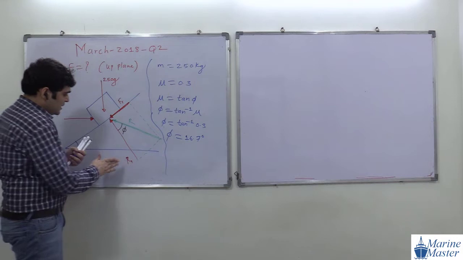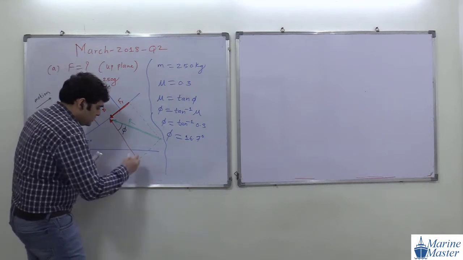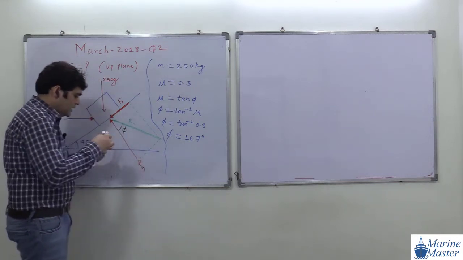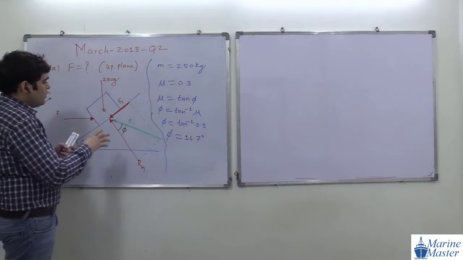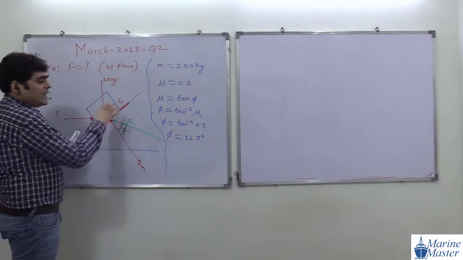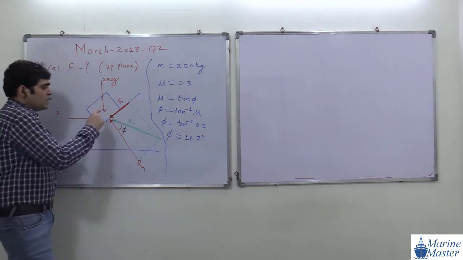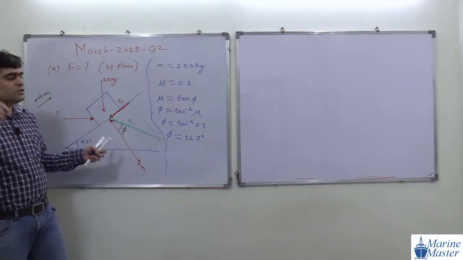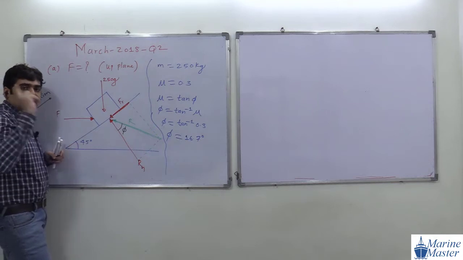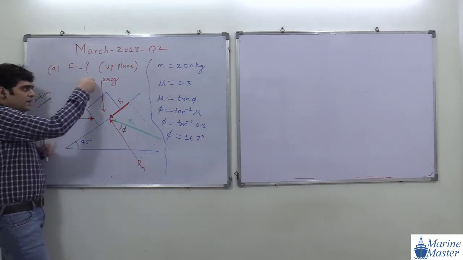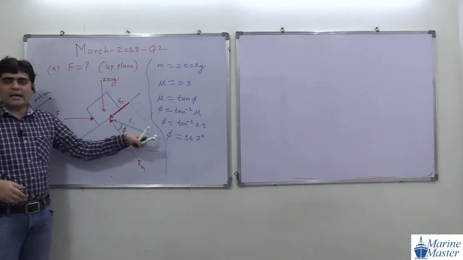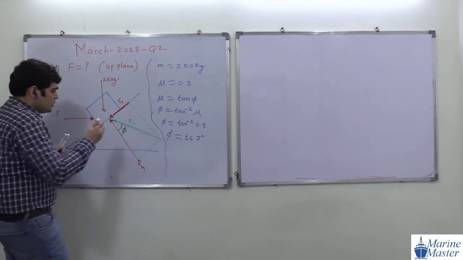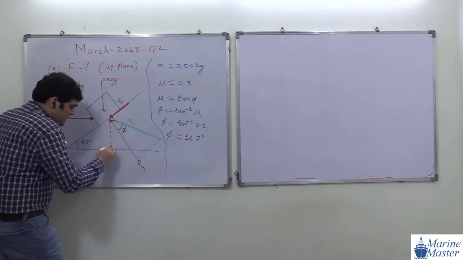Now try to see the scenario here. Initially 4 forces, but we replace these 2 forces by 1. So at the end, how many forces are with us? 3 forces: F, 250G, and R, which stands for resultant reaction. Here I am going to draw one dotted vertical line.